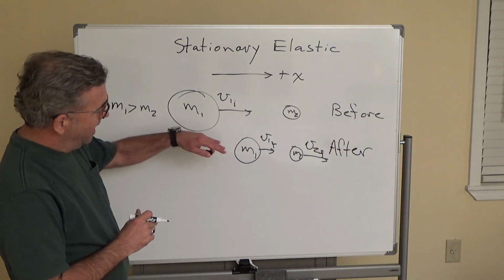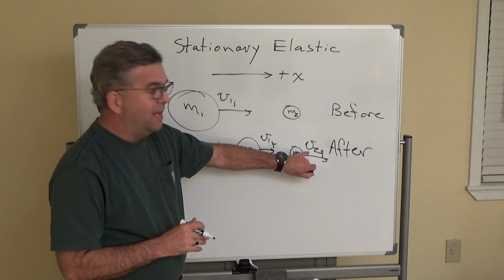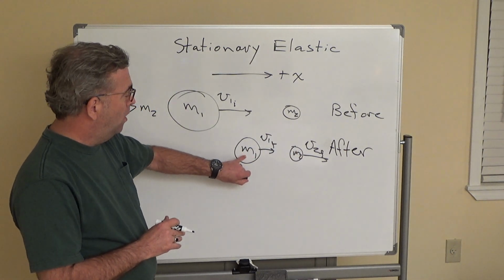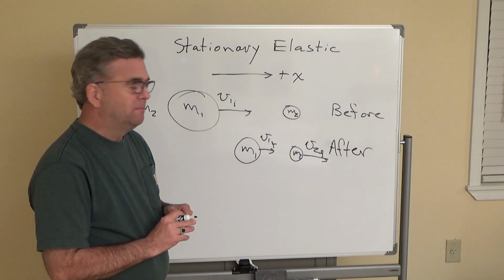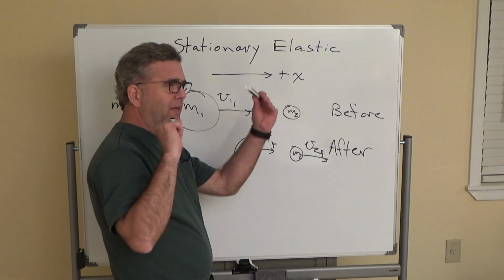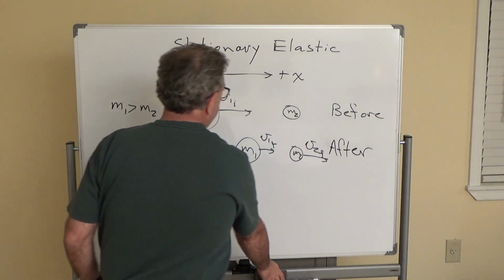So I would say that if M2 goes in that direction, it has a positive final velocity, and M1 also has a positive final velocity. Okay? This is like a big massive object coming in, hitting a little small object, and that thing takes off.